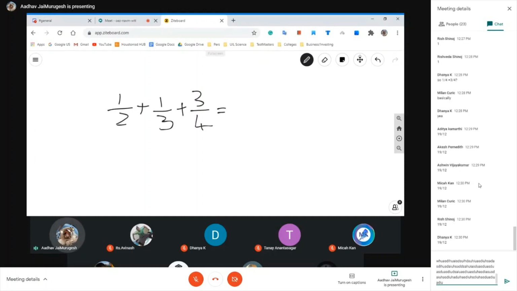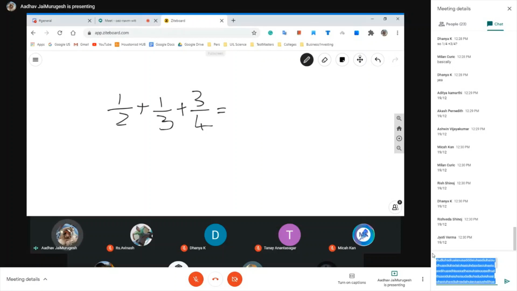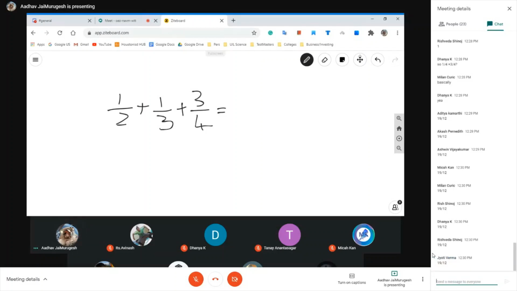This trick is a little more complex and involves 4 or 5 steps. But if you get proficient at this, you can do this really fast. The first step is the same as what we did in the trick before. It's multiplying all these numbers together.